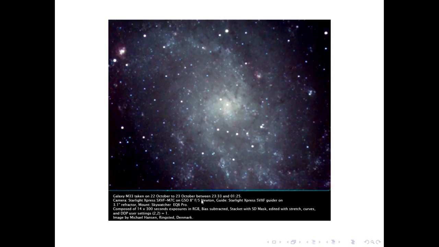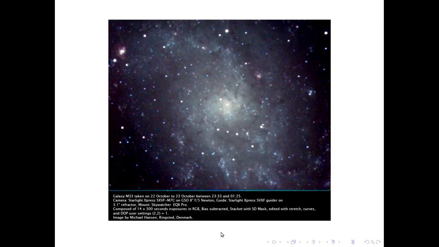I'm not sure what year. I think it's 2015, perhaps 14. I'm not sure. The camera, my Starlight Express MG7C, on my 8-inch Newton with guiding through this refractor on my EQ6 Pro.